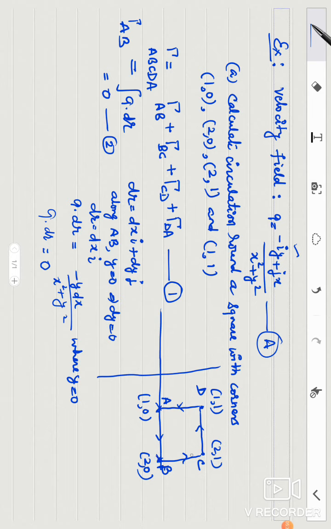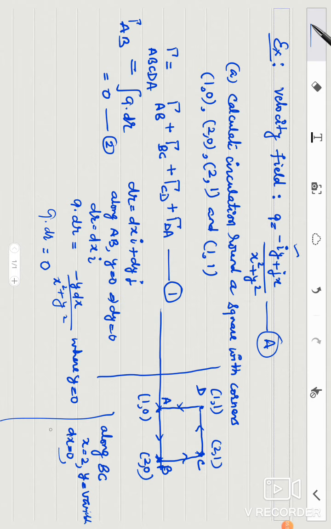Likewise, I will go for gamma BC. Along BC, x is equal to 2 and y is variable. So dx is 0, and because y is variable, dy exists.